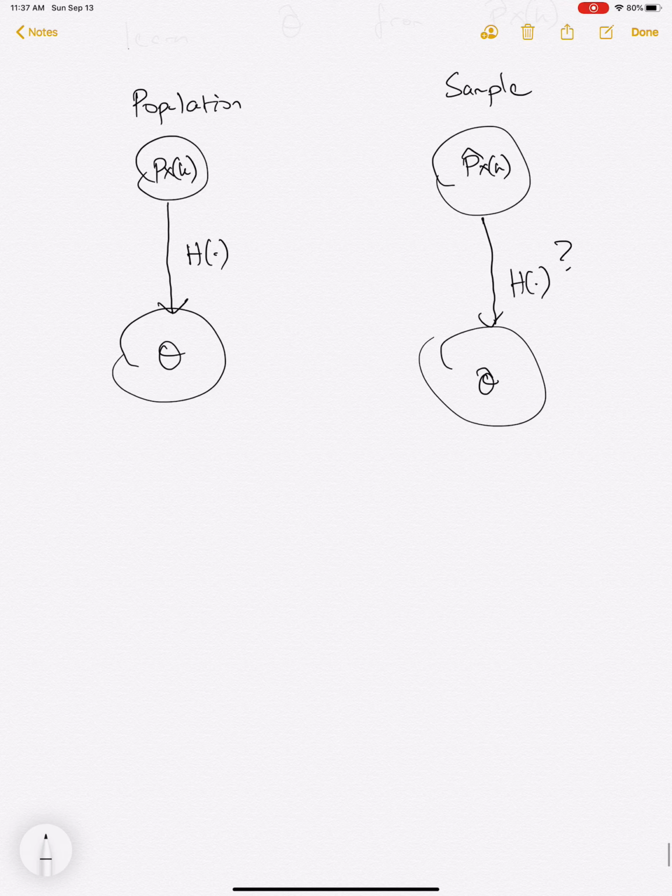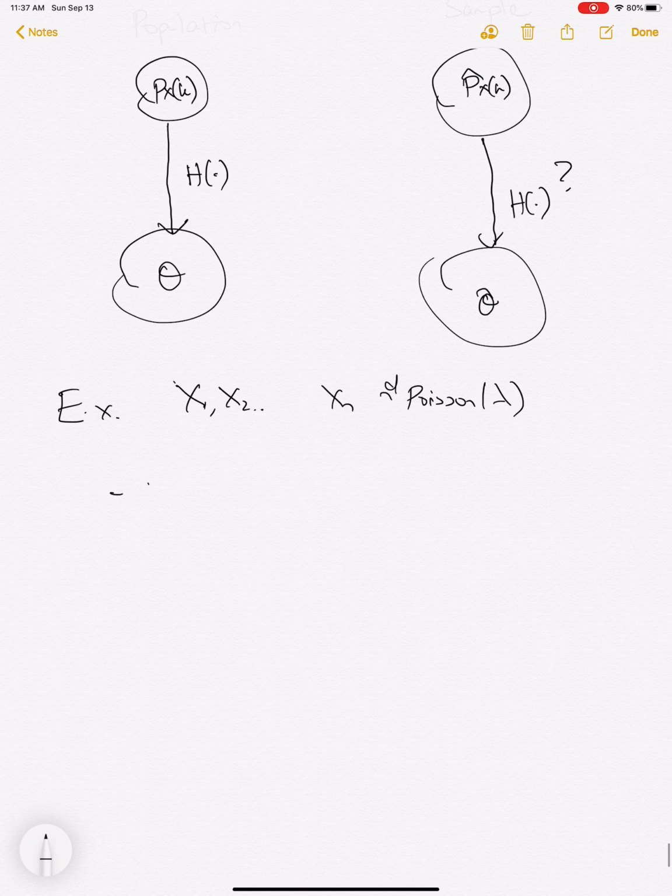That's somewhat abstract, so just to tie it to this example: if we know that x1 through xn are Poisson data, what can we say about lambda?